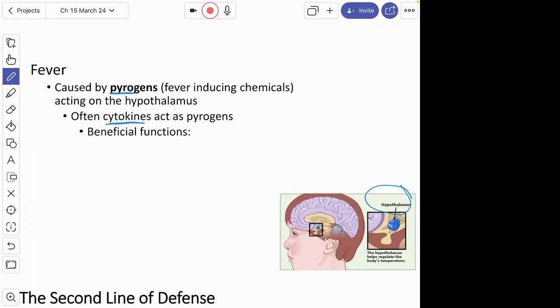That's some pathogen, right? So if we think about, well, if this is a side effect of inflammation, what good is it for our temperature to go up? Okay, well, here's some beneficial functions. We know that it can inhibit the growth or the reproduction of a pathogen.